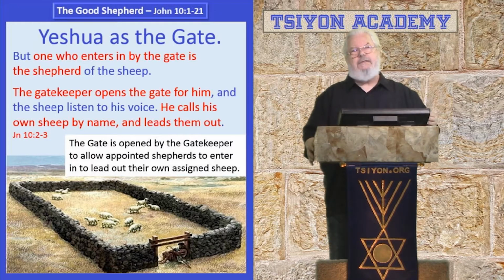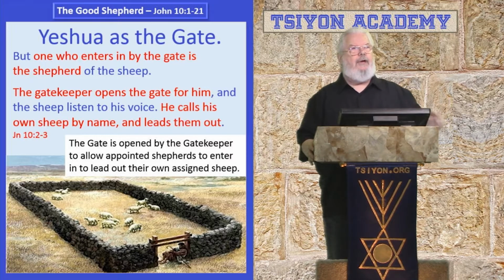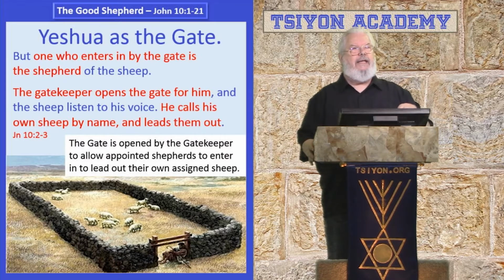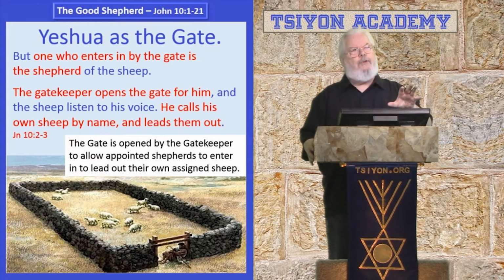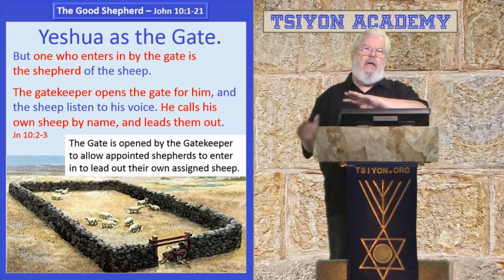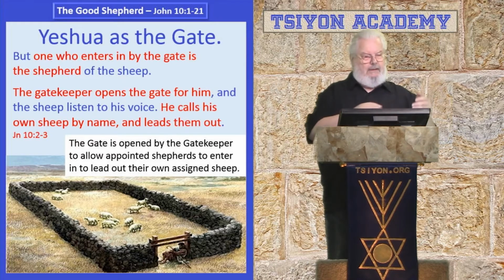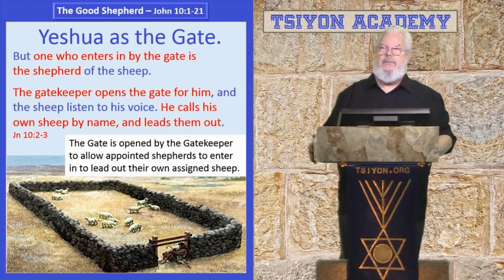When we're reading this, it's not always talking directly about Messiah. He's the guy that's sitting in the gate right there in the picture. He's the guy they have to go through to get their sheep. But he has appointed shepherds that he will allow to take a certain part of the flock that they care for and give them the things they need. That is what this whole picture about the gate is all about.